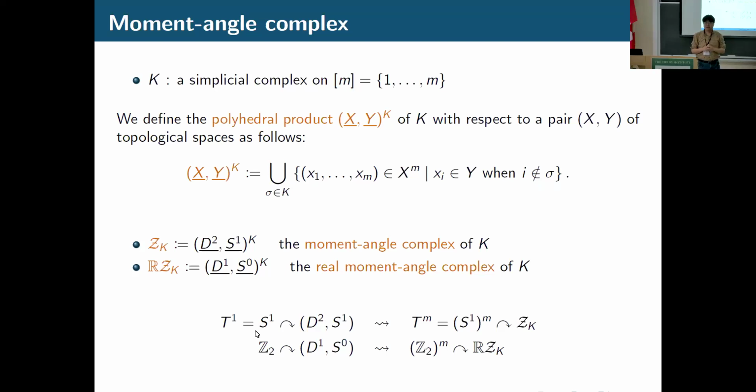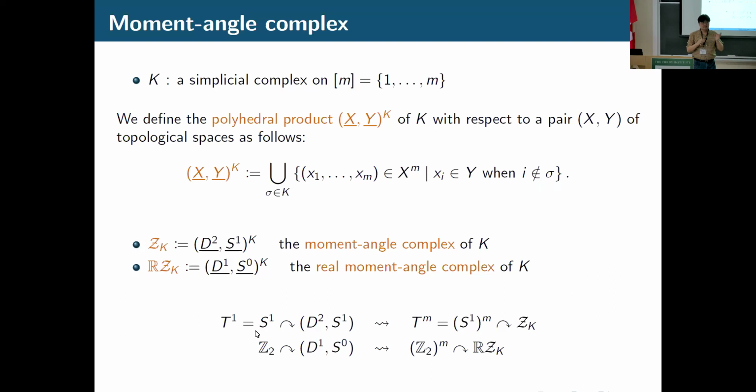Let K be a simplicial complex. Then the moment-angle complex is the polyhedral product of K with respect to the topological pair (D^2, S^1), and the real moment-angle complex is the polyhedral product of K with respect to the pair (D^1, S^0).